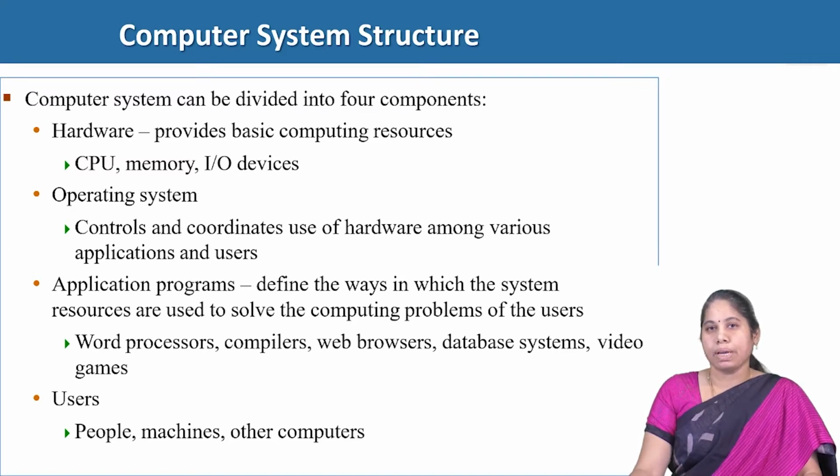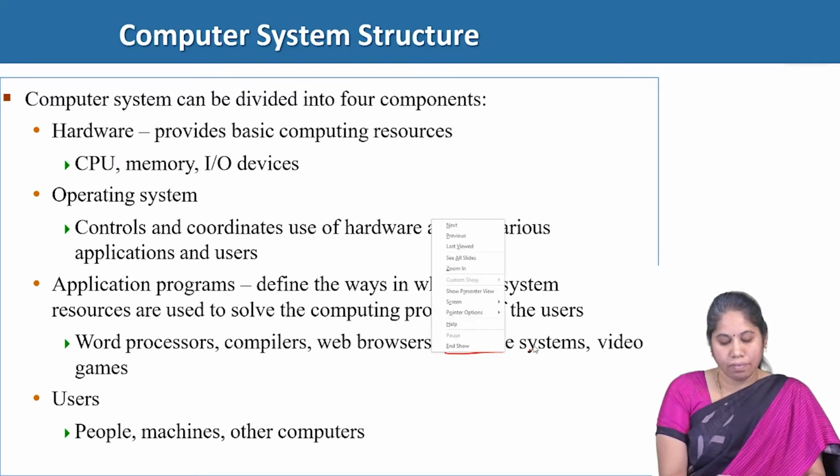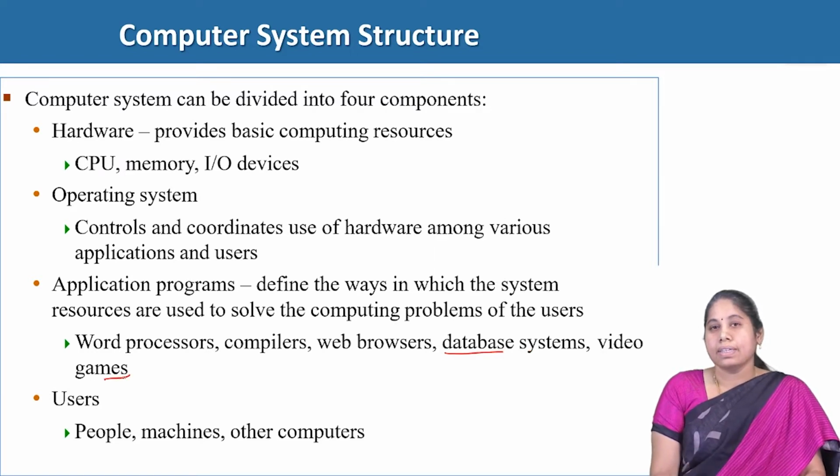And application programs are the user applications like databases, and day-to-day life applications, where the user can use the computer for daily routines. Examples are word processors, compilers, web browsers, databases, and video games.